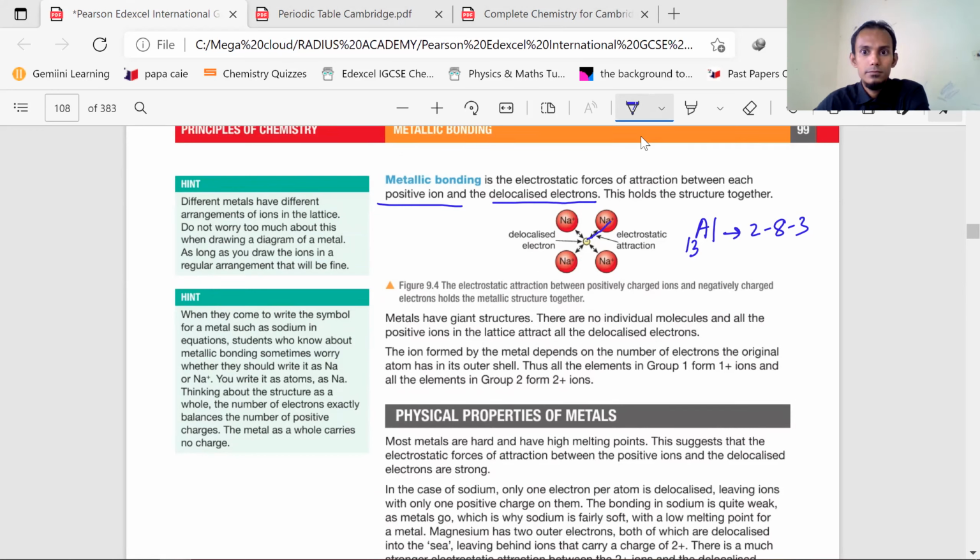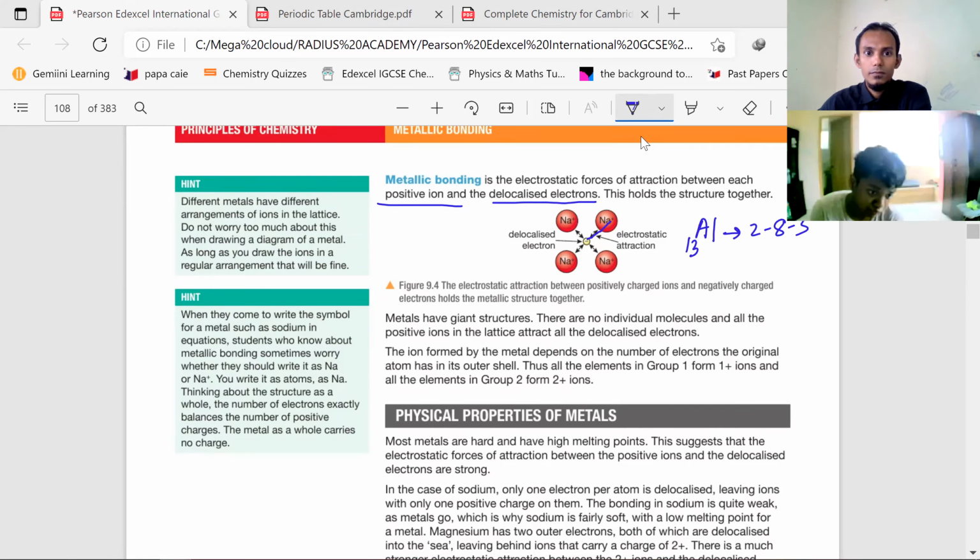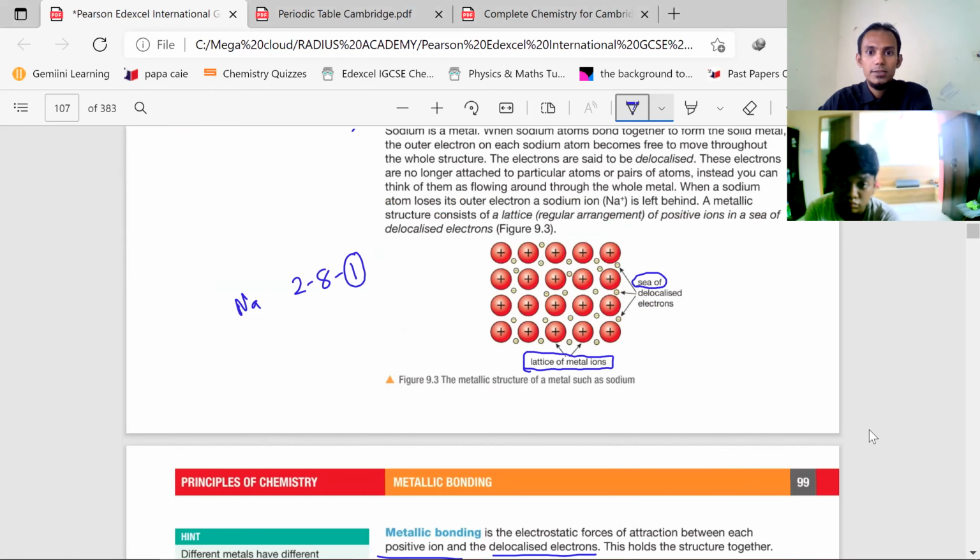The charge will be positive and 3 delocalized electrons. The charge will be 3 plus. 3 plus. Very good job. So aluminum 3 plus. All the ions, if you are asked to draw, you need to write aluminum 3 plus, or you need to give 3 plus, 3 plus, 3 plus, 3 plus.